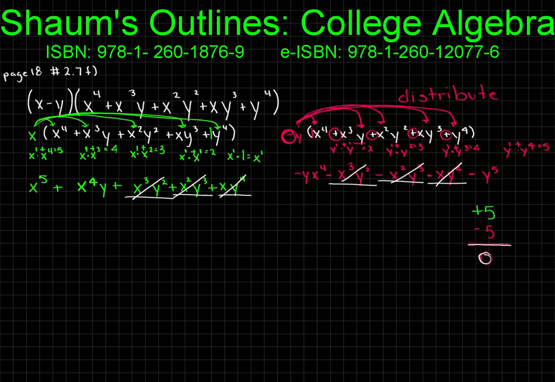And then these are the same. You can switch the order of the letters. So here I have negative yx to the fourth. That is the same thing as negative x to the fourth y.